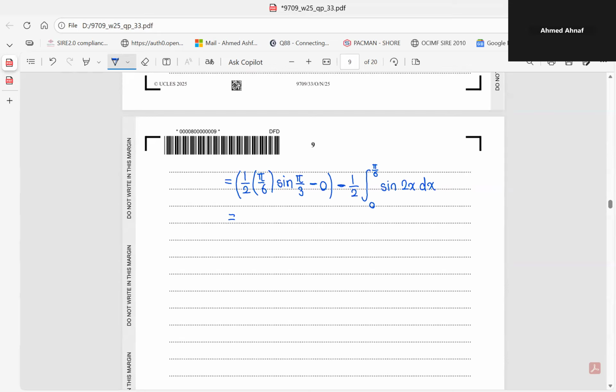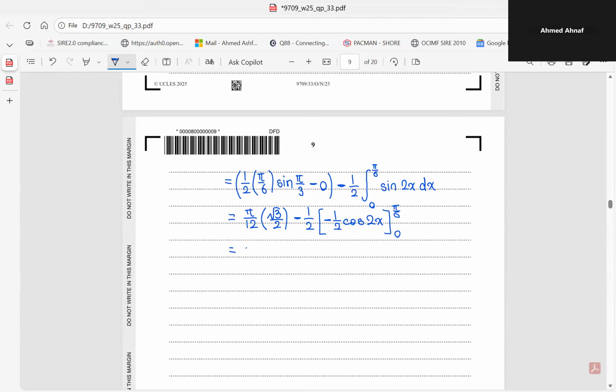Simplifying, you get pi over 12 sine pi over 3, that is square root 3 over 2, minus half integral of sine 2x. That's just minus cos 2x divided by 2, so minus half cosine 2x, from 0 to pi over 6.